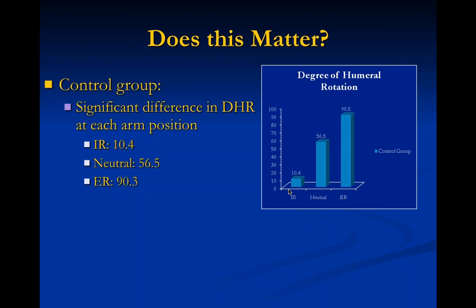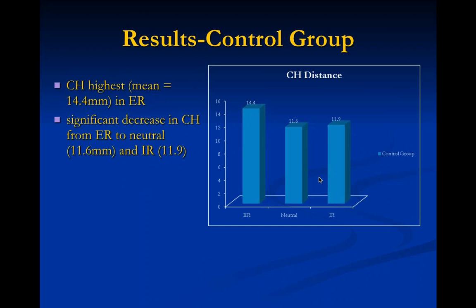Basically, in this control group, we measured the angle of the biceps tendon groove, and in external rotation, it was around 90 degrees. Neutral rotation was around 56. Internal rotation tended to be around 10 degrees when we looked at these different patients. So we actually developed a quantitative measurement for the degree of external rotation when we did this study.